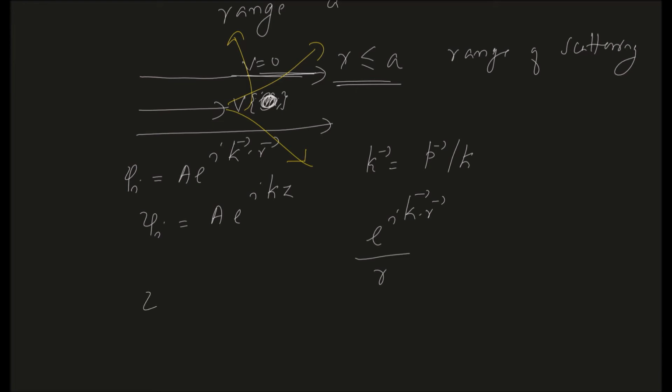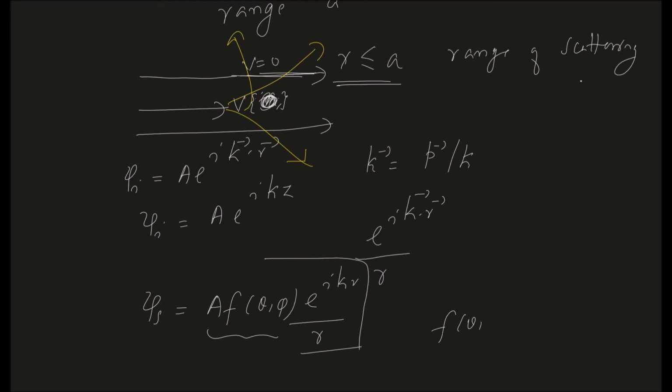So the expression for a scattered wave for a general case can be written as A f of theta phi e raised to i k r by r. So what we are considering here is basically a spherical wave, but the amplitude factor depends on the angle theta and phi at which we detect this scattered wave, and this f of theta phi is the scattering amplitude.